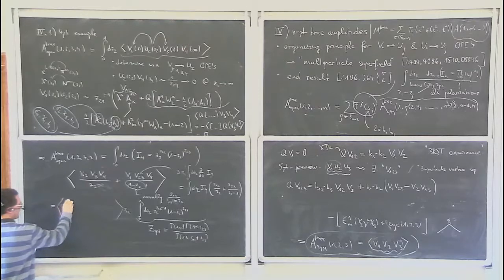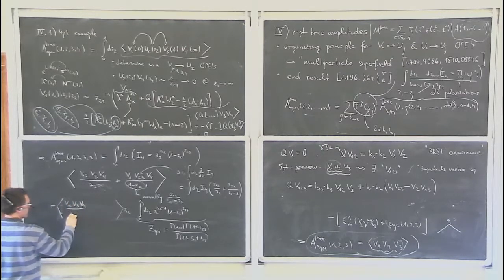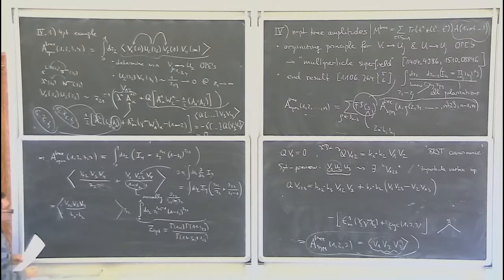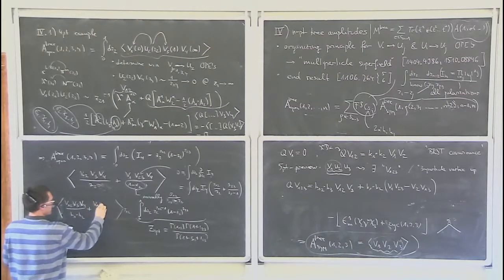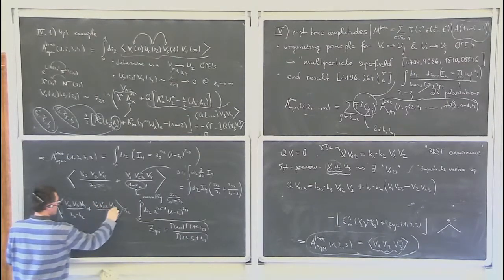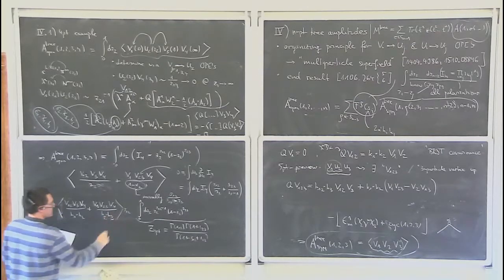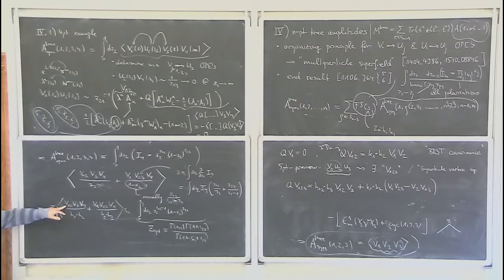Okay, this might look a little bit odd to you. Let me insert k1.k2 divided by k1.k2. This is for bookkeeping purposes. Because then I get this cyclically symmetric combination inside the pure spinor bracket.